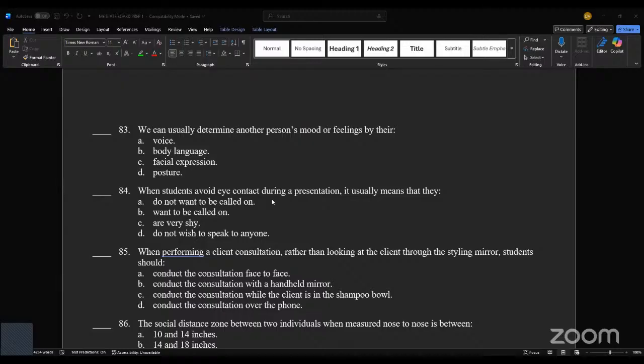85, when performing a client consultation, rather than looking at the client through the styling mirror, students should conduct the consultation face-to-face, conduct the consultation with a handheld mirror, conduct the consultation while the client is in the shampoo bowl, or conduct the consultation over the phone. 85 is A, conduct the consultation face to face.